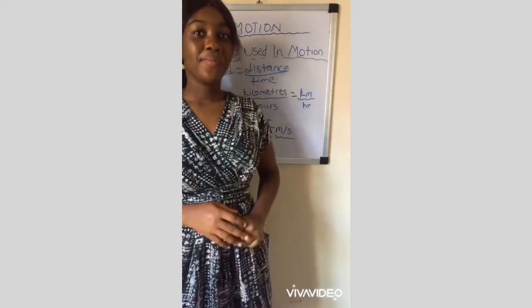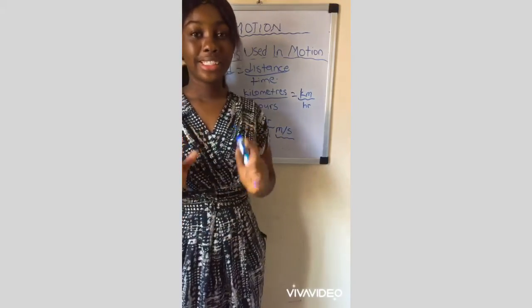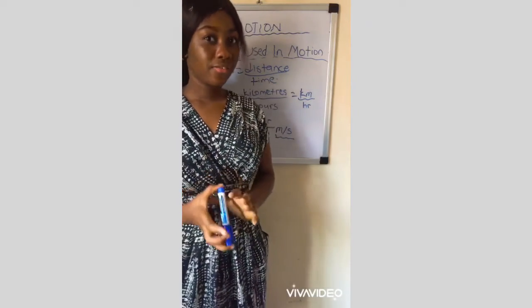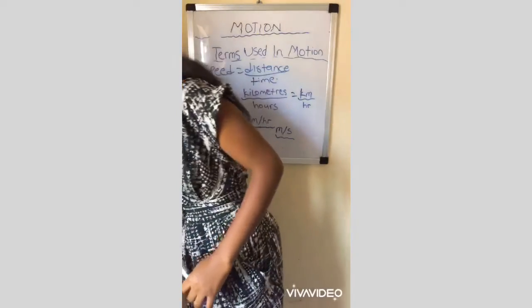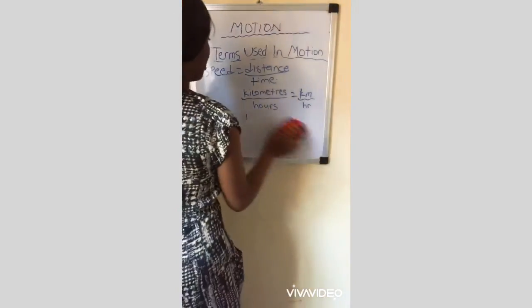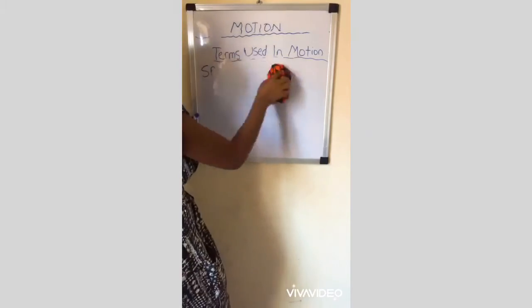Okay guys, I hope with this you've been able to see how the units of speed are derived. So speed is actually a derived unit, that is, its unit is derived. Okay, that's all about the units of speed.